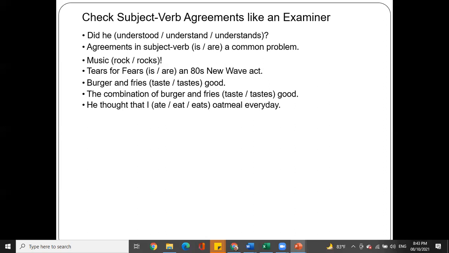Or I think we can also say ate. He thought that I ate oatmeal every day.